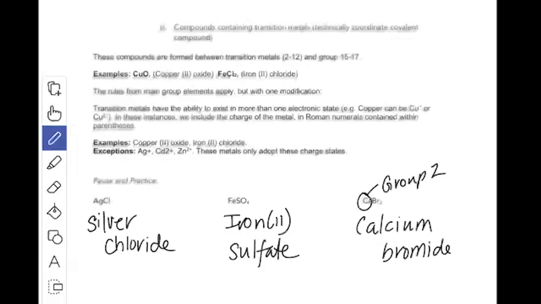If we have one sulfate and the overall charge of the molecule is neutral, then the Fe must have a charge of +2 to balance out the charge of the sulfate. That leaves us with calcium bromide. That was actually a bit of a distractor there. We don't have to write out the charge of calcium because we know it's +2 because it's a group 2 metal. We simply write out calcium bromide.